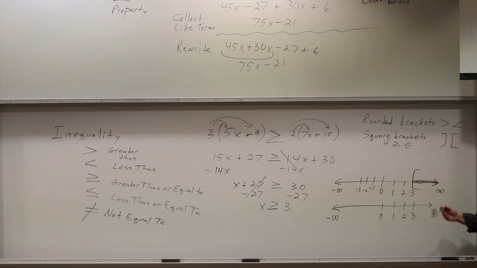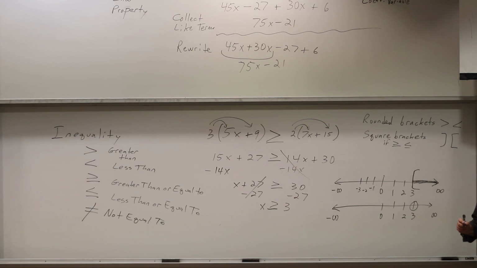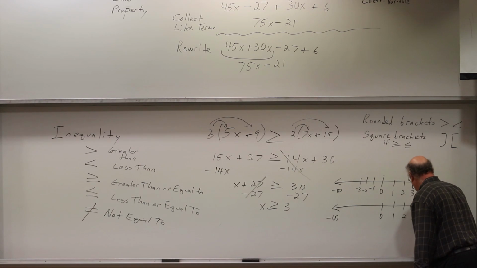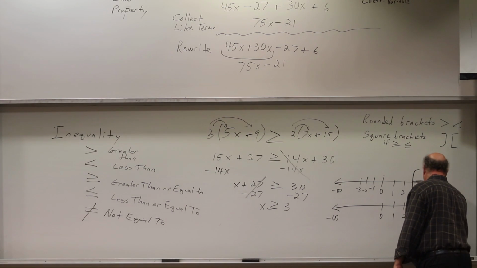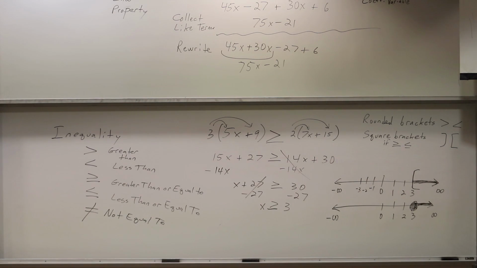In this case, greater than or equal to 3, 3 is included. So if we use the circle method, we put a circle at 3. 3 is officially included, so when the number's included, you fill in the circle. And it's greater than, so it goes right.